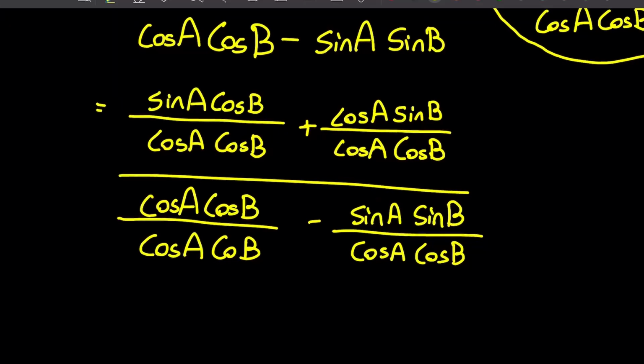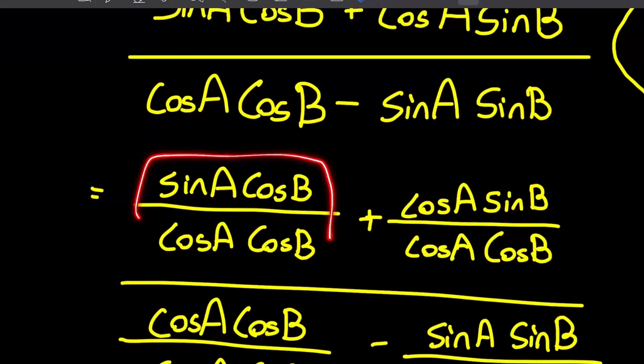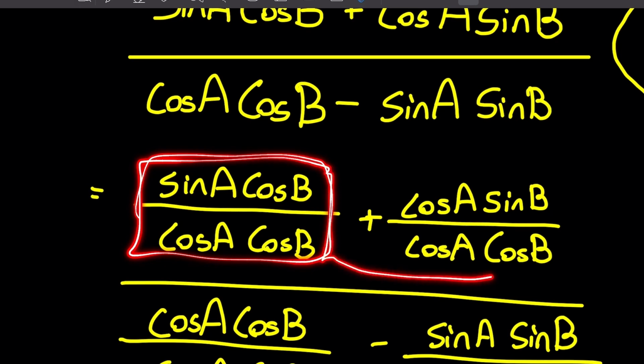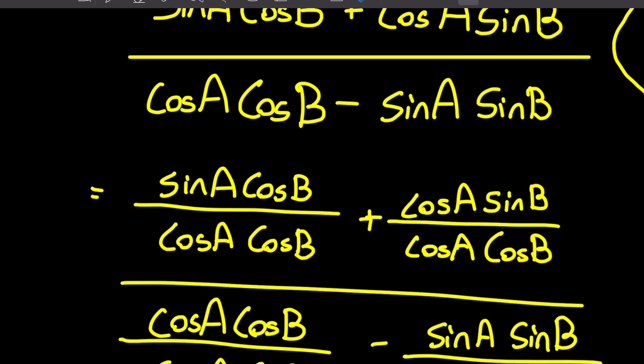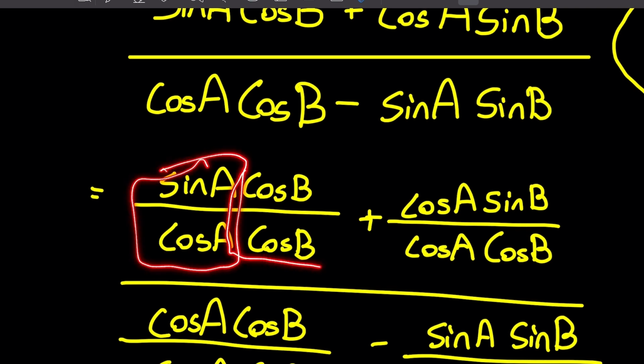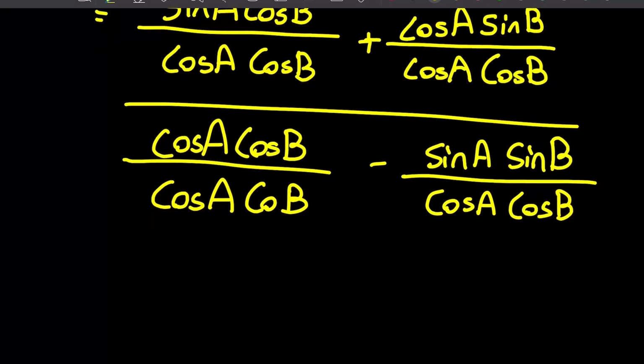So we'll work with the numerator first. We have sine A cos B over cos A cos B, and sine A over cos A is tan A, while cos B over cos B is just 1. So this is going to be equal to tan A times 1 plus, in this situation over here, it's the same thing.